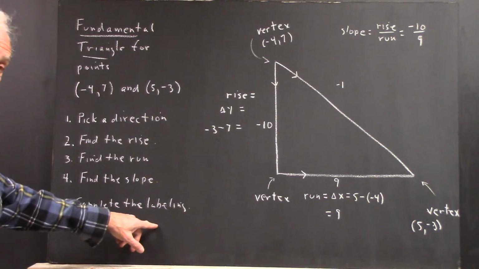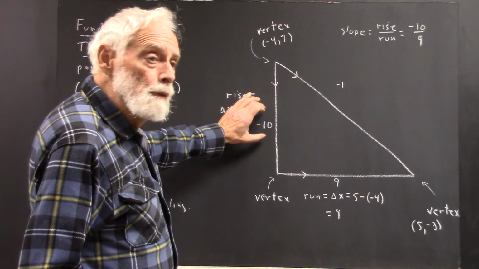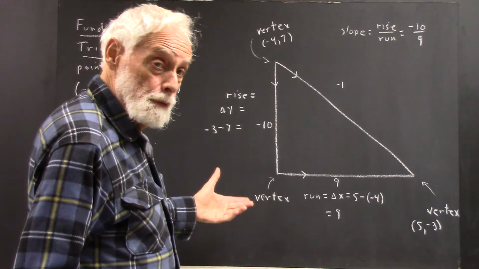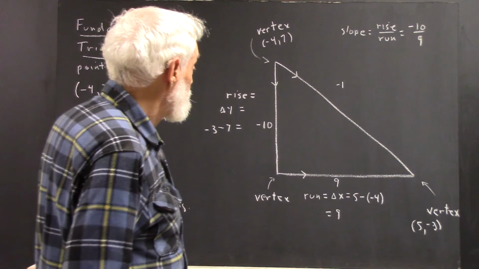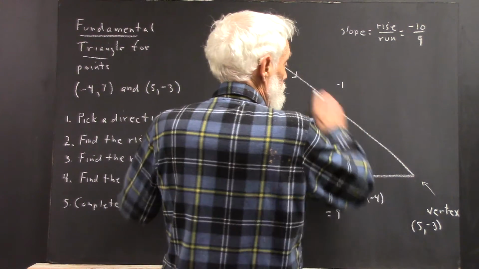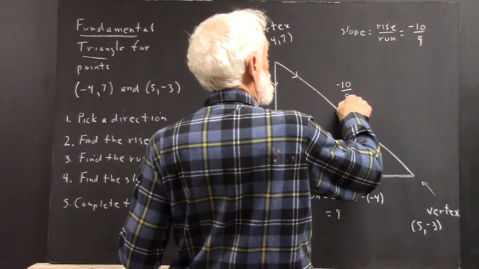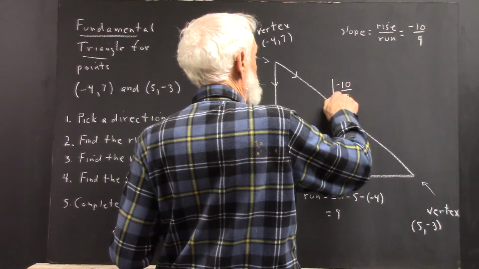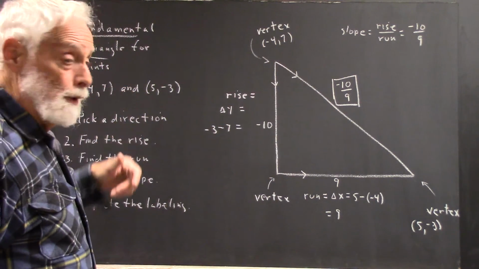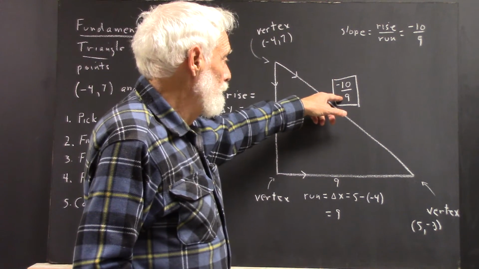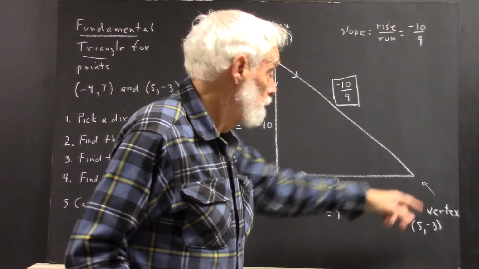When you complete the labeling, you make sure you have the value of the run right next to the vertical leg, the value of the rise right next to the horizontal leg, and the slope right next to the hypotenuse, which is -10 over 9, and we put a box, a rectangle, around the slope so that the eye catches that rectangle and understands that this is a slope and not the length of this line.